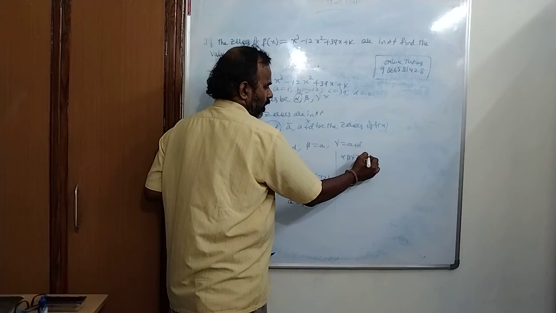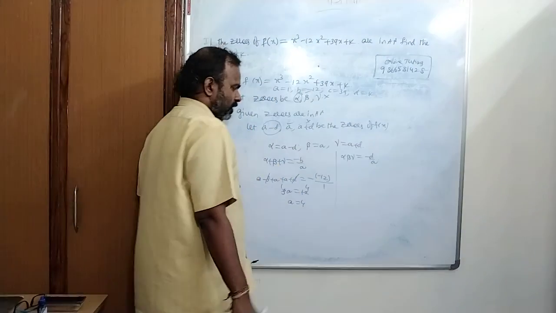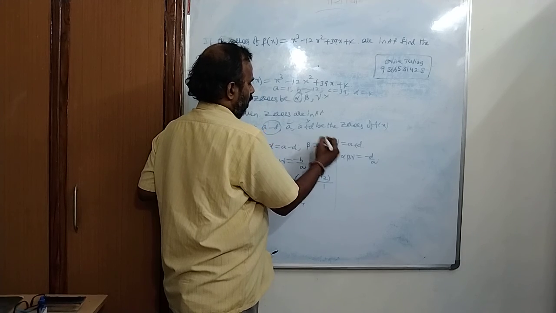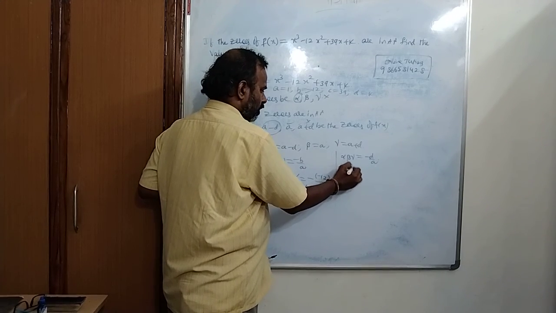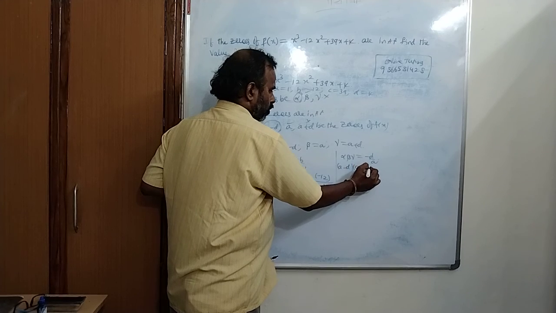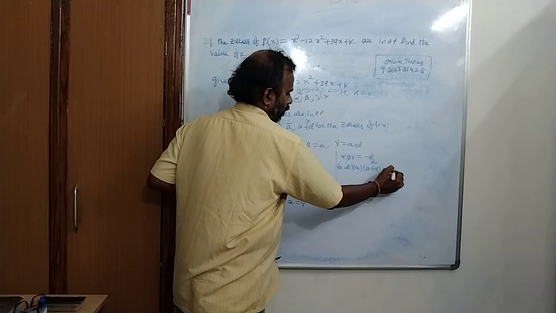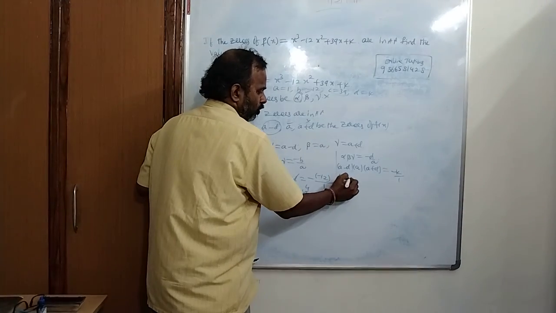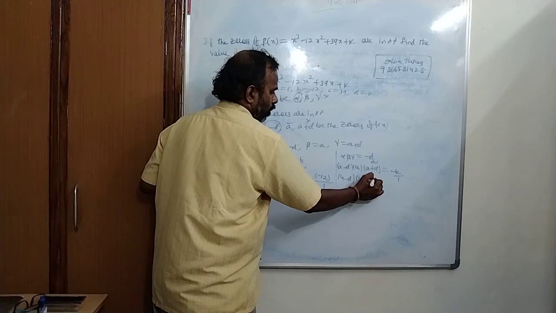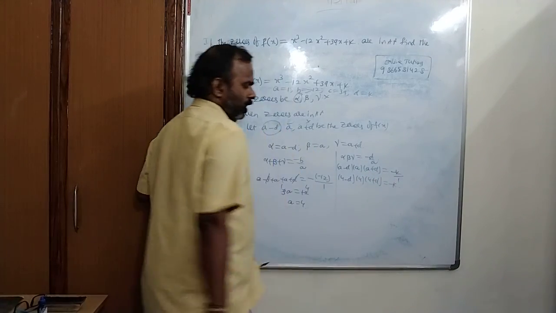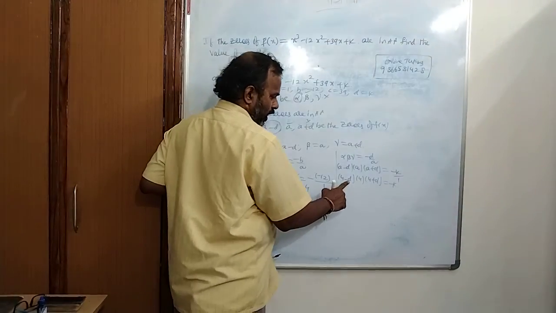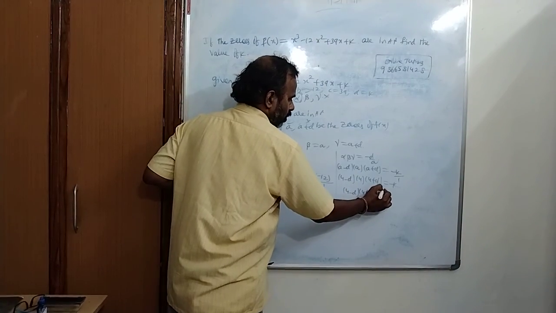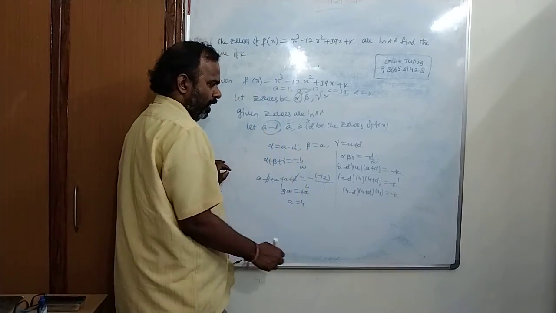Alpha beta gamma is equals to minus d by a. So here alpha is a minus d into a plus d is equals to minus k by 1. Here we got a as 4. 4 minus d into 4 plus d into 4 is equals to minus k.